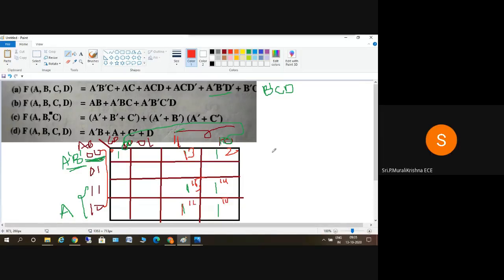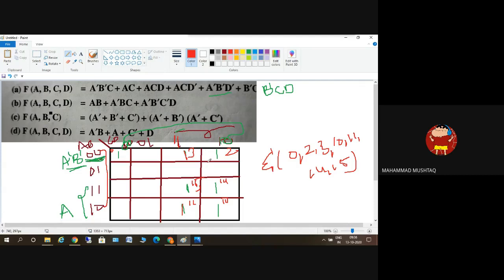So these are the min terms here. So f of ABCD is equal to min terms 0, 2, 3, 10, 11, 14, and 15. So now we go for minimization here.